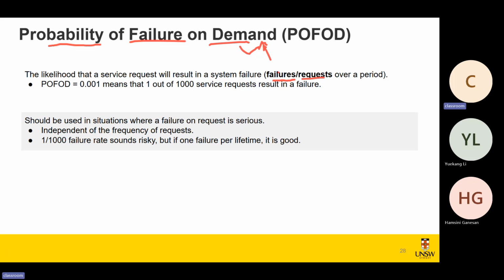It's because this value is independent from the frequency of requests. So it doesn't care about how frequently the user would request the service, right? It just cares about how likely a request would end up in a failure.